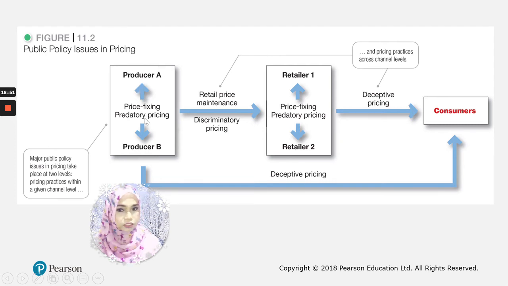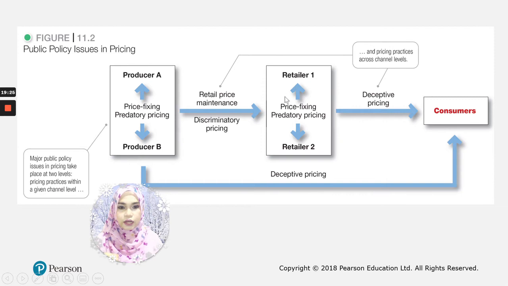There could be a producer A, there could be a producer B. Predatory pricing is when a producer puts a very low price with the intention to make producer A out of the market, or to kick producer A out so that they can't survive. That is predatory pricing, which is not good actually to be done, but some producers do that because they want to eliminate the competitors.